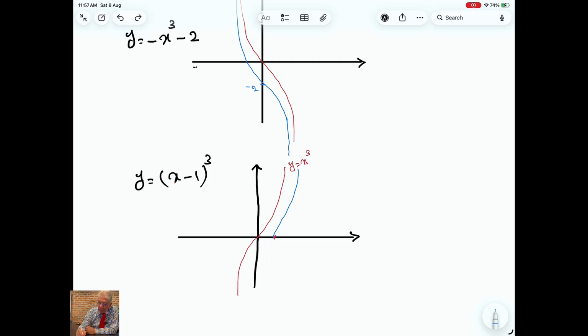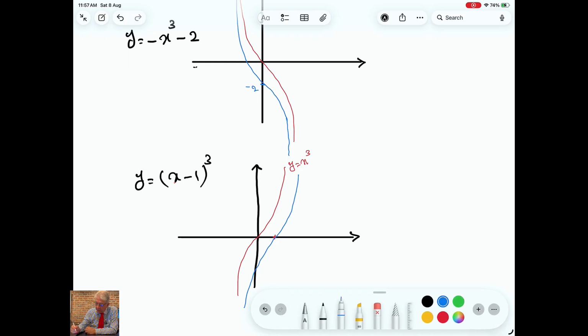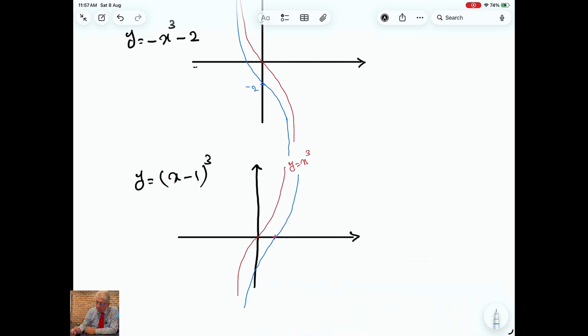Maybe I will draw it again. It's very nice. All right. Now, you can see here this distance should be 1 unit, this distance should be 1 unit, this distance should be 1 unit. Same as here.